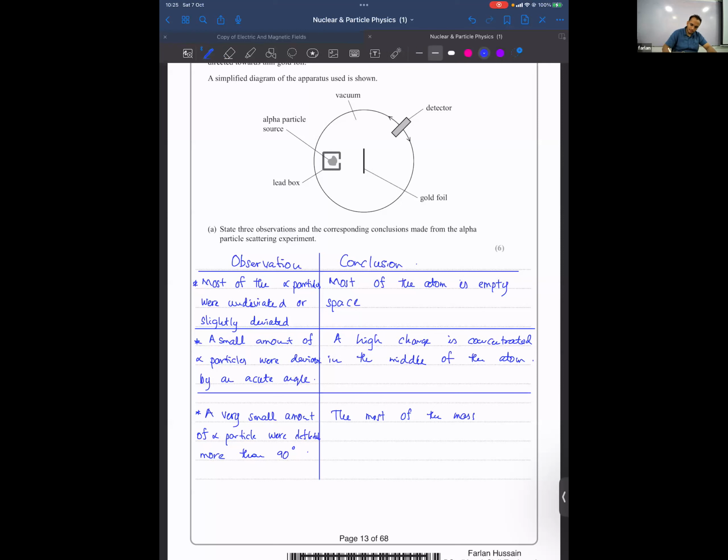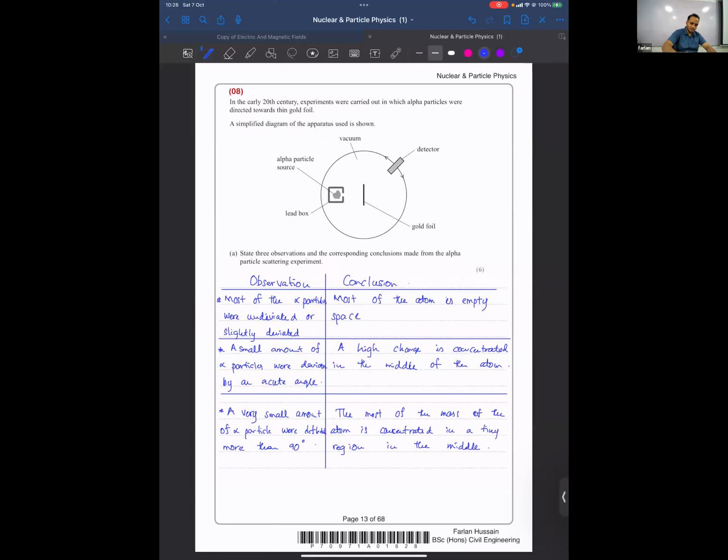The most of the mass of the atom is concentrated in a tiny region in the middle. The most of the mass of the atom is concentrated in a tiny region in the middle.